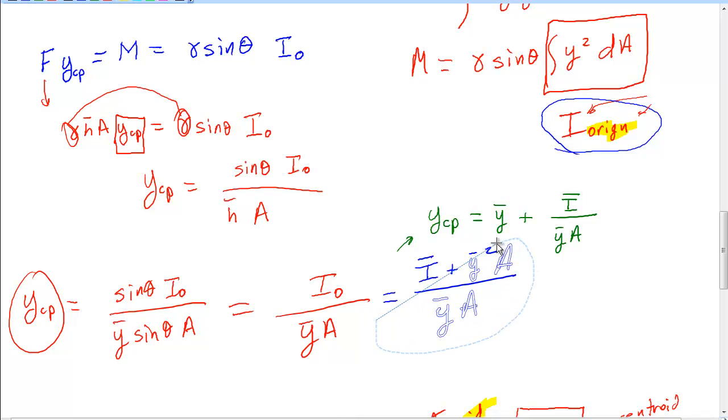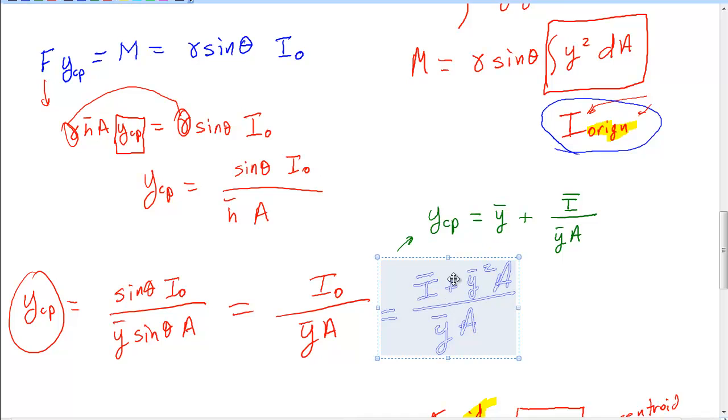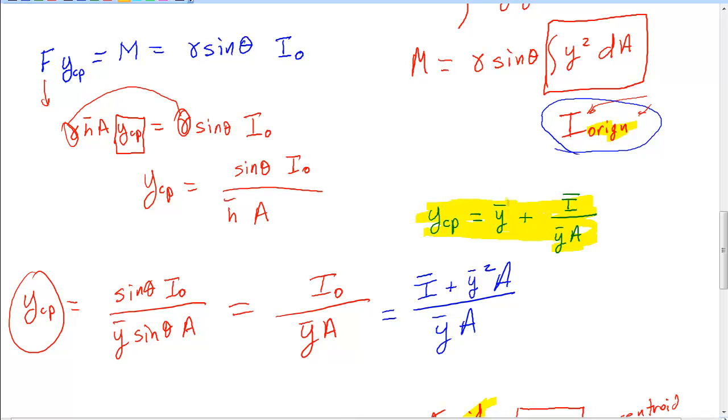You can look at them for a minute, but let me move this down. And I'll tell you that this is a highlighted equation as well. These two equations, this one and the one above that I'll talk about in a minute, are the two equations that get you through all the problems.